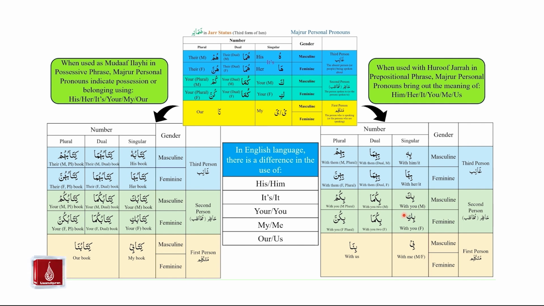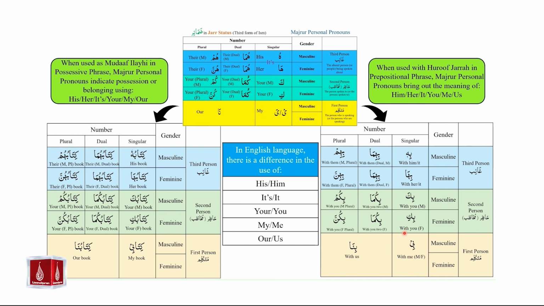We are not saying with your, as that will be again incorrect in the English language. So the correct translation will be with you. Bina, with us. Be, with me. If we say with my, that will be incorrect.